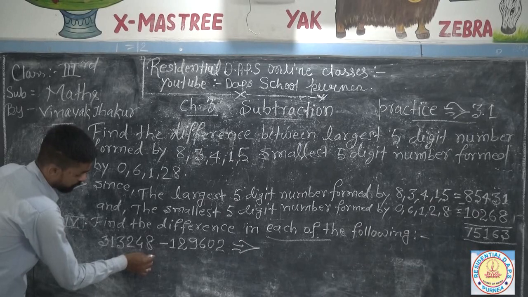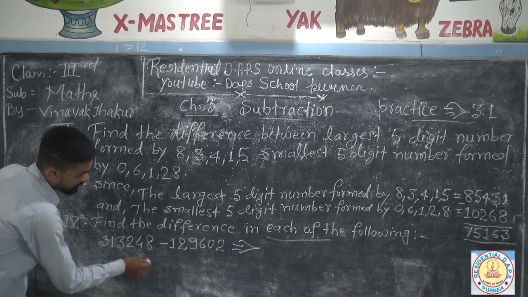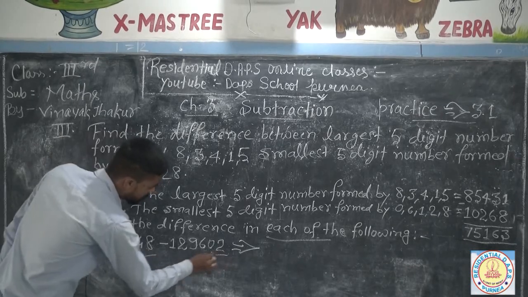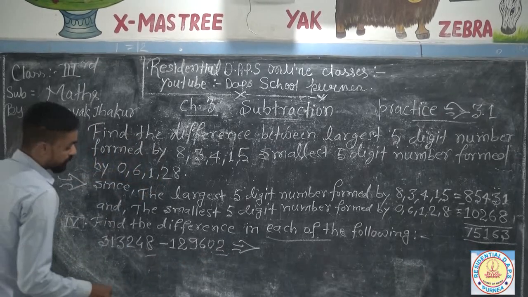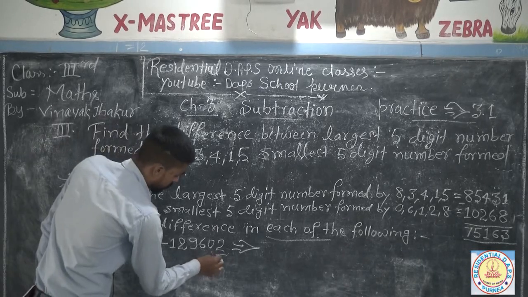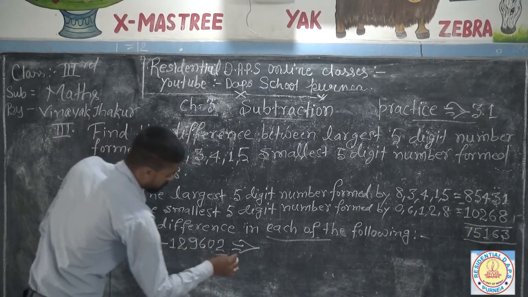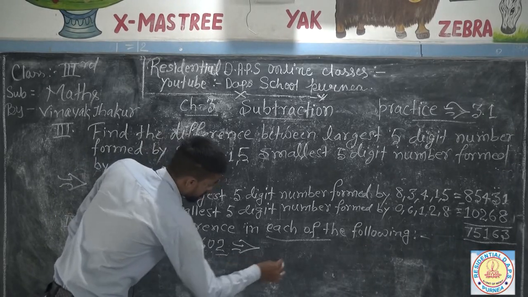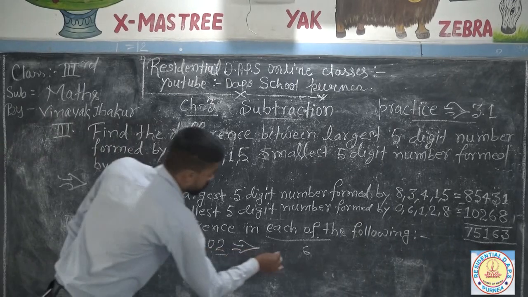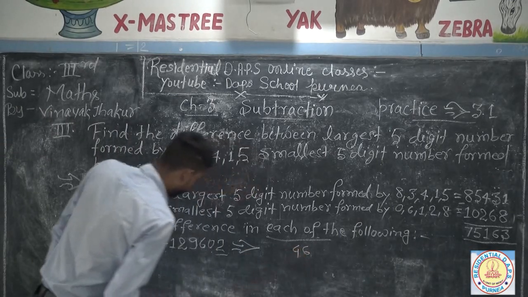To subtract the subtrahend from the minuend, you start with similar columns, like the ones place. So if we subtract 2 from it, we get 6. Then 0 from 4, 4.